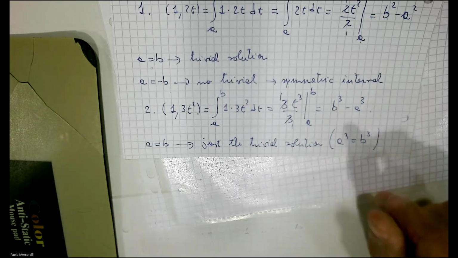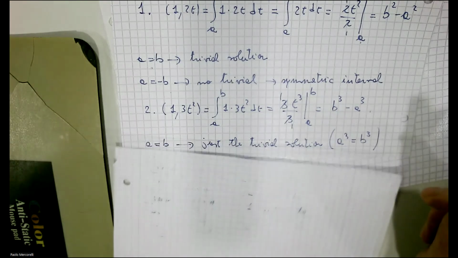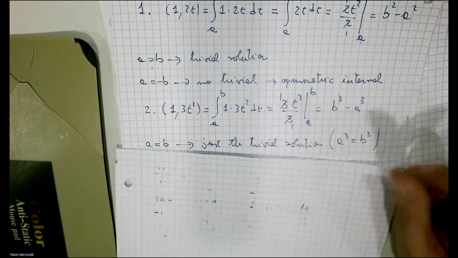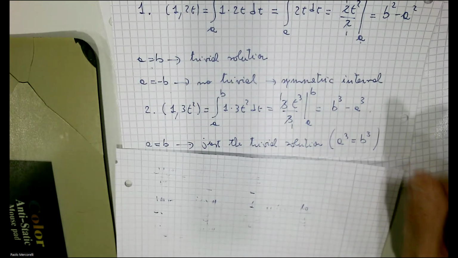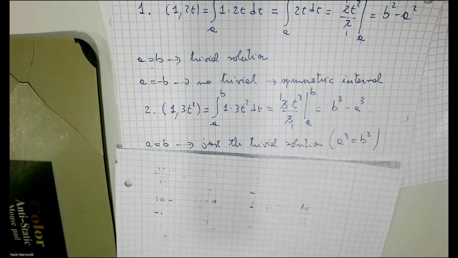So basically, I look at whether the exponent is even or odd, and when it's even, it's always A equals B. A equals B is always there in this case. But if it's not even, is it A equals minus B?